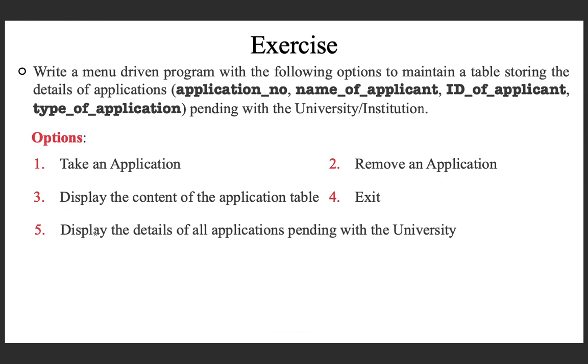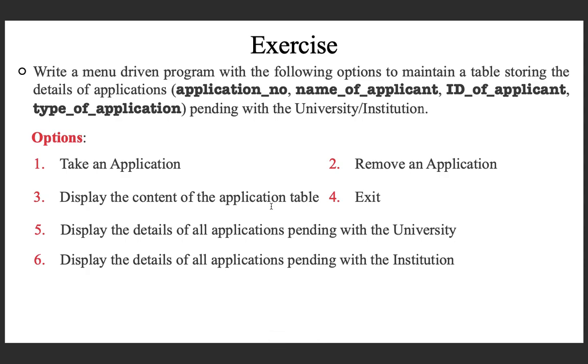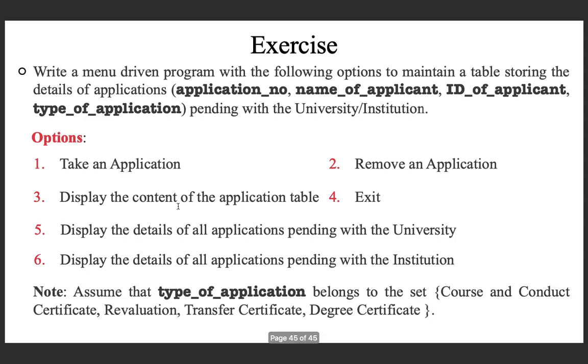Next option is display the details of all applications pending with the university. Note that only those applications which are pending with the university you have to display, a subset of the table. And the last option is display those applications which are pending with the institution. So the department wants to know which are all those applications from students which are not yet decided by the institution. So that is the option 6. And assume that type of application, which is the last field, belongs to this set.